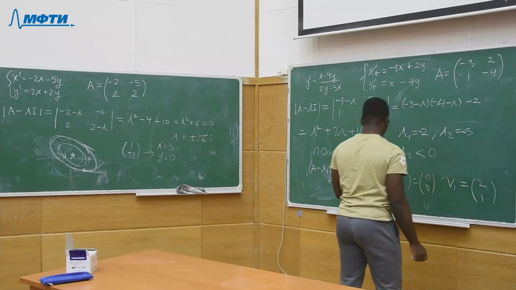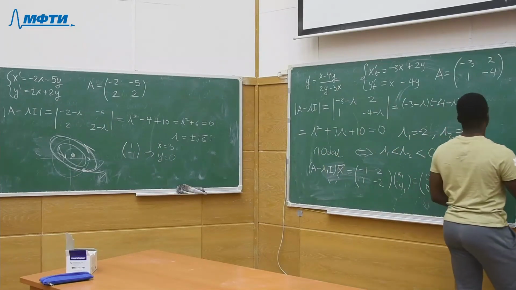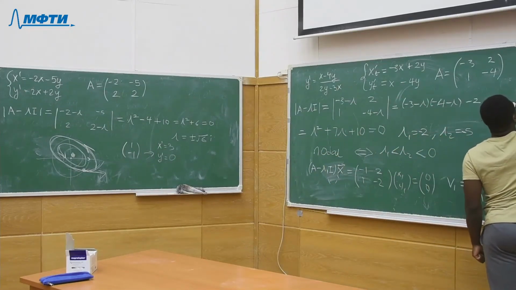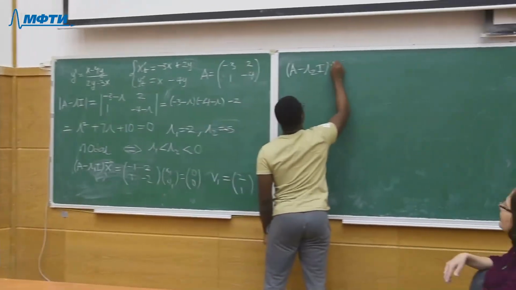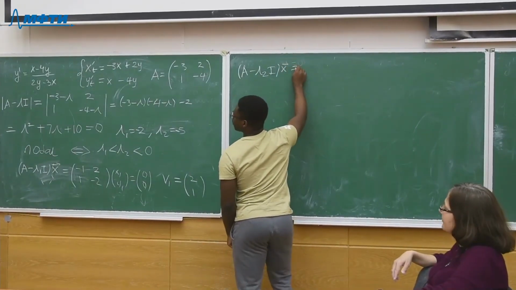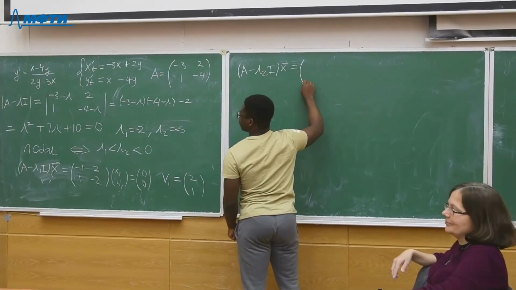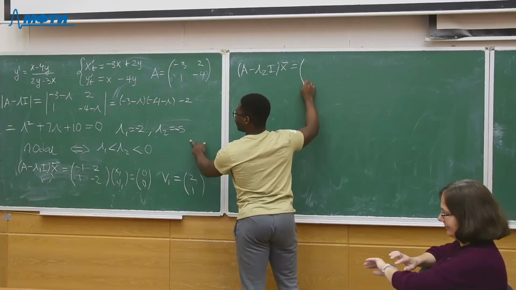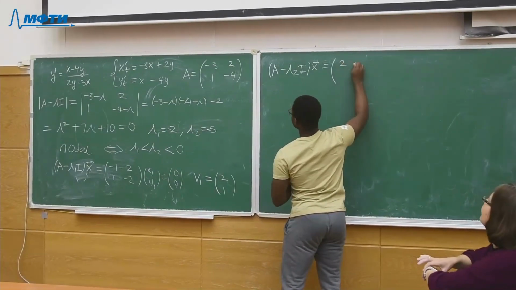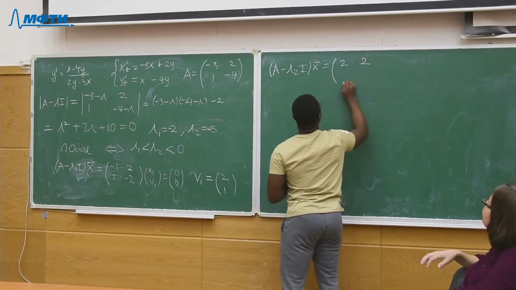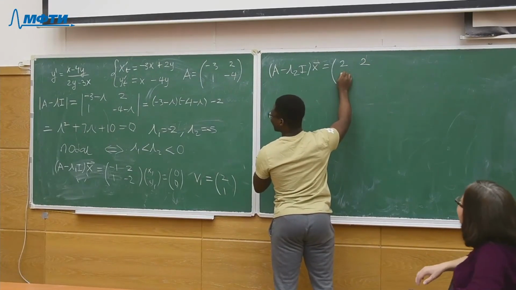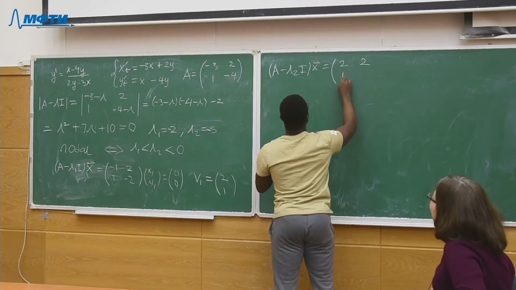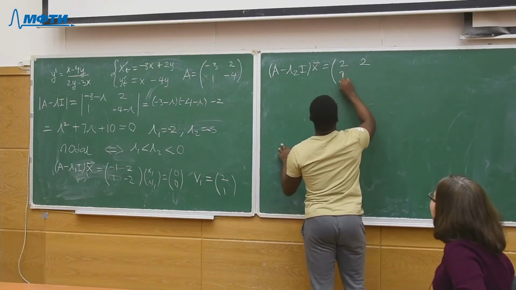V1 is this. Do I need to write what is in the bottom? I can just use the first row. We did not need both rows, so 2 and 2 is enough.